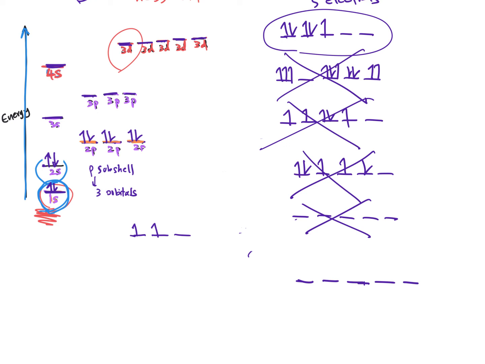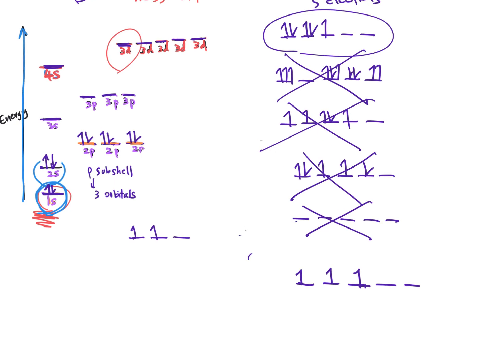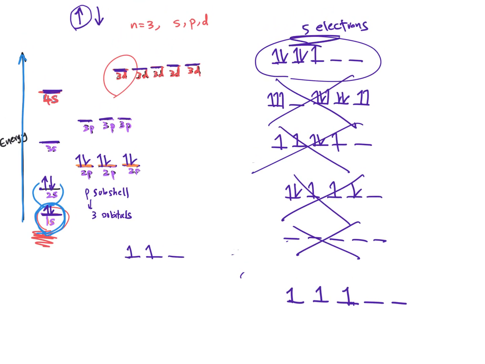What you should do is first put 1 electron in the first one, then another electron in the next one, then another in the next one, depending on how many you have. In this example, I have 5, so I put 1, 2, 3, 4, 5. I put them singly first, it means 1 in each of them. Okay?